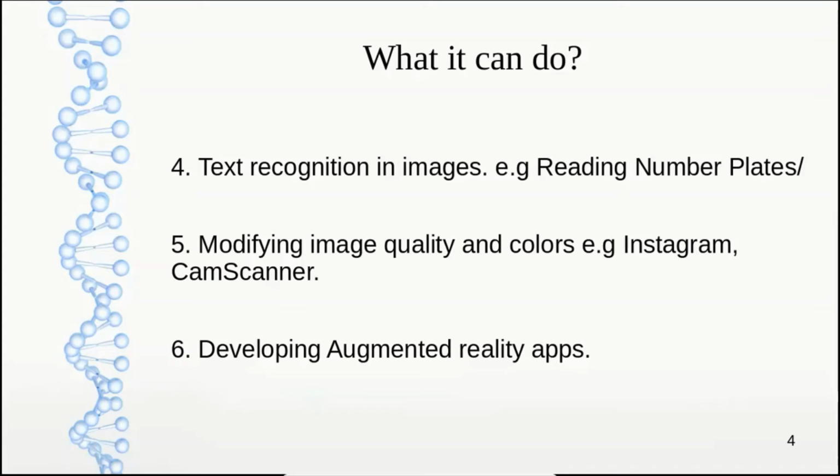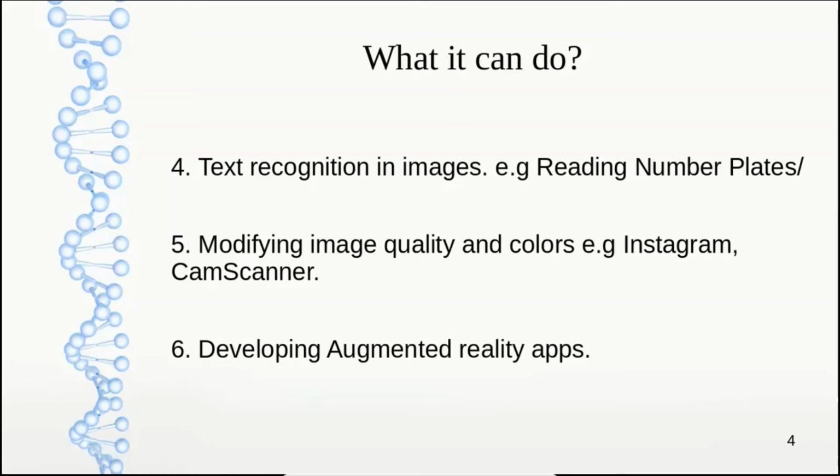We don't have any example regarding this, but we would have it in another course that we will post regarding OpenCV. That would be a detailed course. This is kind of a mini course that we're creating right now. We'd also create a detailed course in which we'd try to cover everything regarding OpenCV. Number 5, we have modifying image quality and colors, like Instagram and CamScanner.